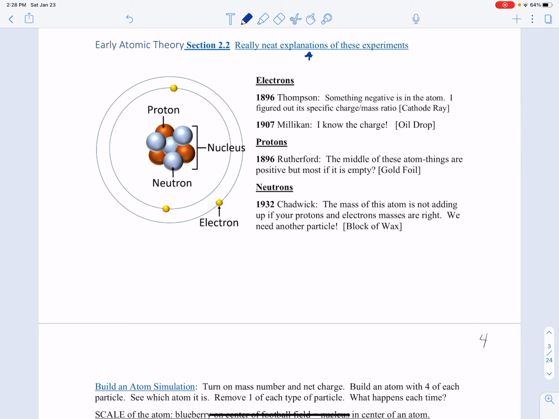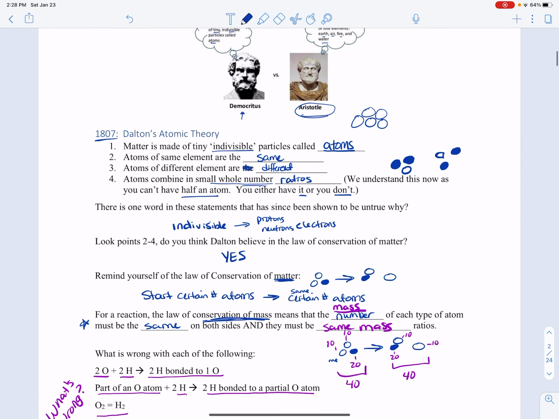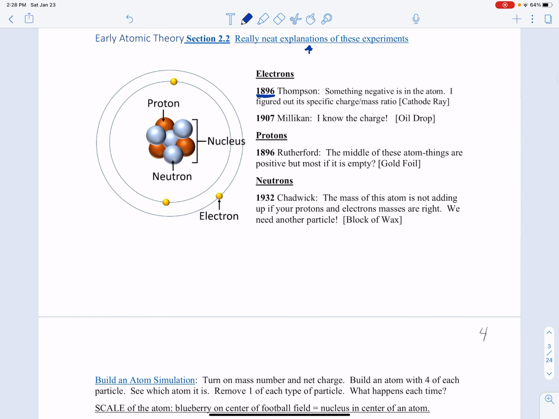So what we came up with was that in 1896, and notice the time frame here, it was back in 1807 when Dalton came up with this, and then almost 100 years later, Thomson is playing around with a cathode ray tube, and he figures out that there's something negative in the atom. And he figures out that he can figure out a specific charge to mass ratio.